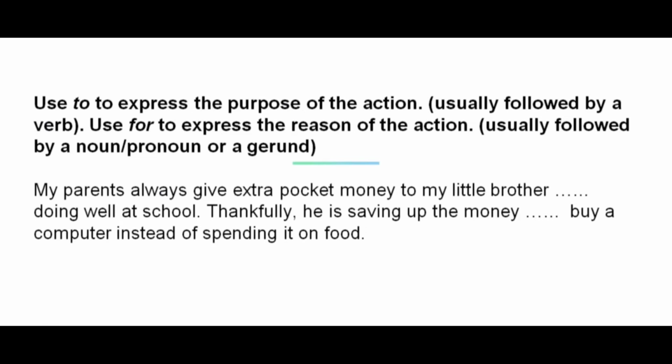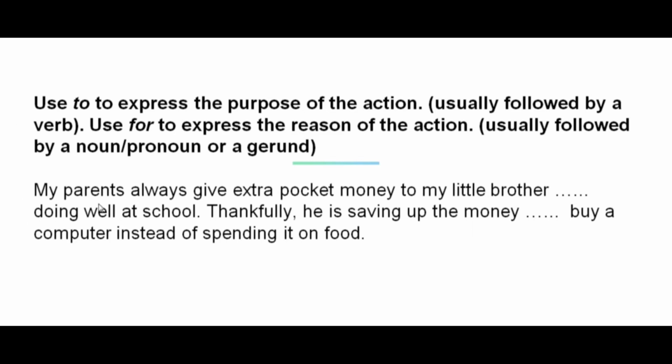Now we use "to" to express the purpose of the action. Remember that "to" is usually followed by a verb, and we use "for" to express the reason of the action. And "for" is usually followed by a noun or pronoun or gerund. Now read the following sentences and fill in the gaps using the appropriate preposition.